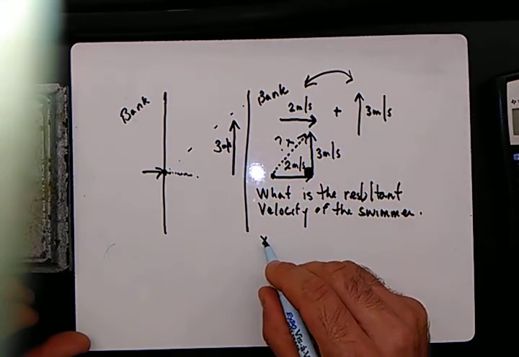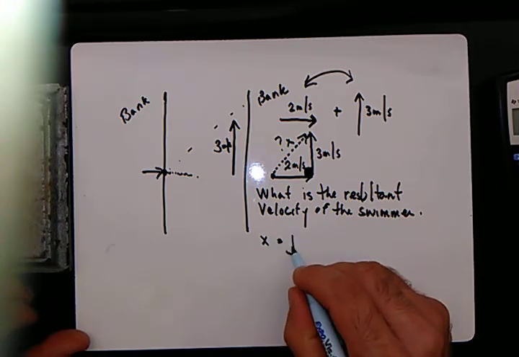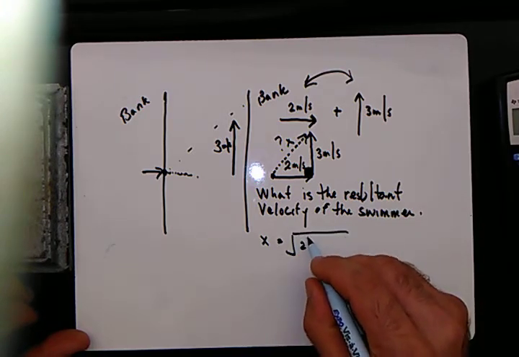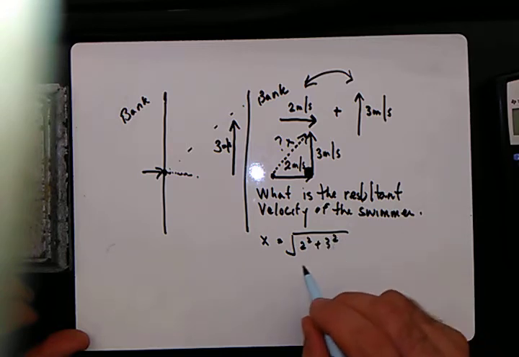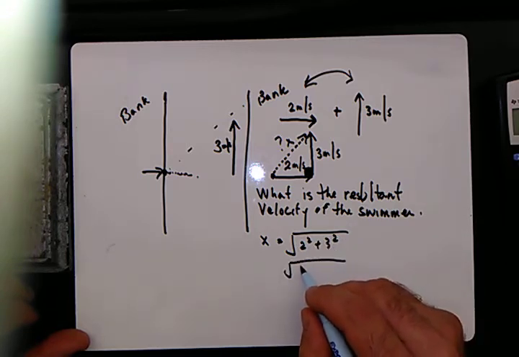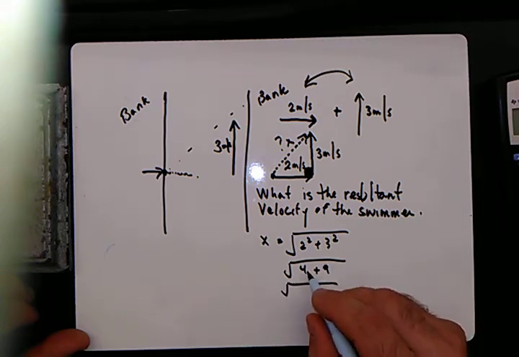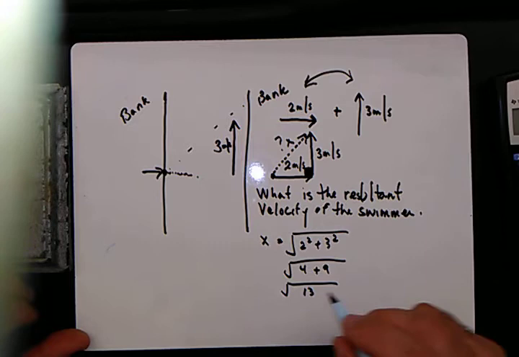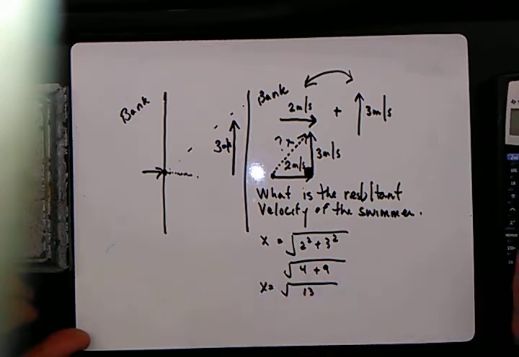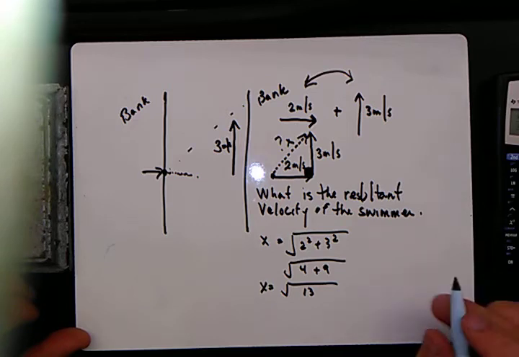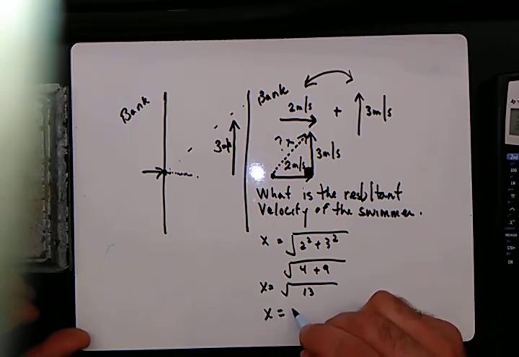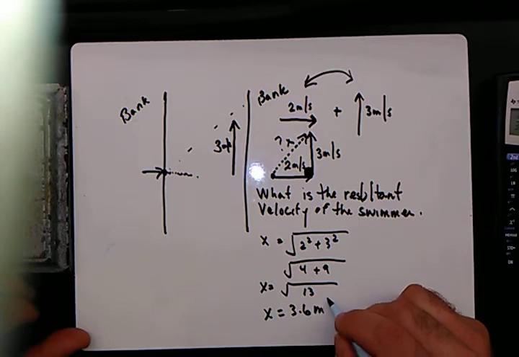X equals the square root of 2 squared plus 3 squared. Okay, so we've got 4 plus 9, 13. So x is the square root of 13. Okay, so x ends up being 3.6 meters per second.